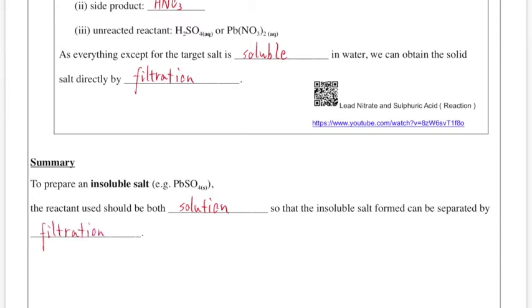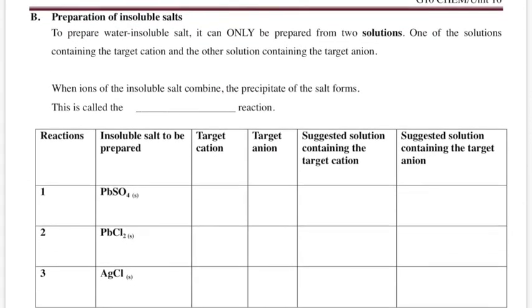And what solution are we going to choose? That's the next point we're going to discuss. In order to form the insoluble salt, we would use a double displacement reaction. So we need to separate the target salt into two parts, the target cation and the target anion.